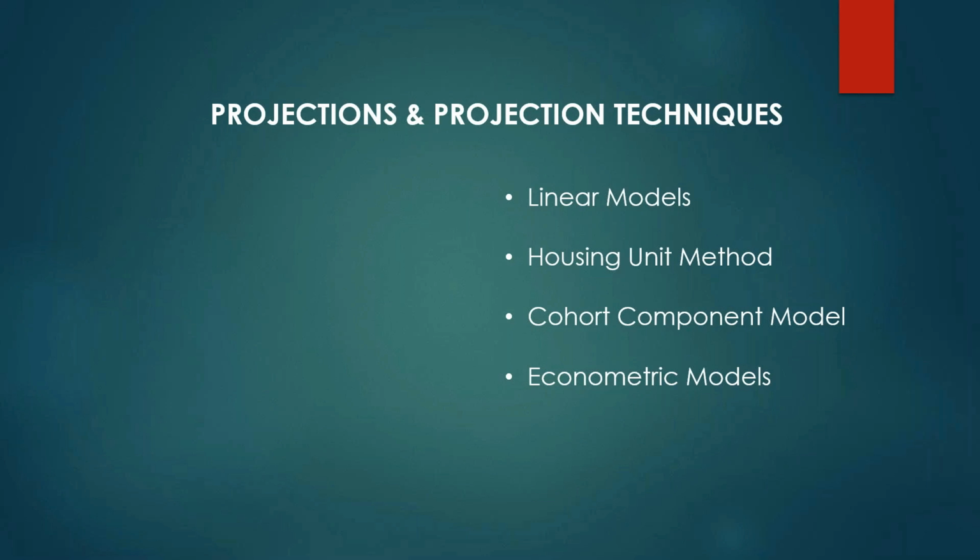They are based on historical data. Now, if you do a simple linear projection, you can go back 10 years, 20 years, or 30 years, get an average growth rate, and make the assumption that your population is going to grow at that same rate into the future.